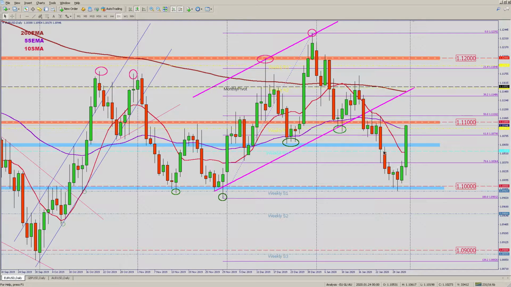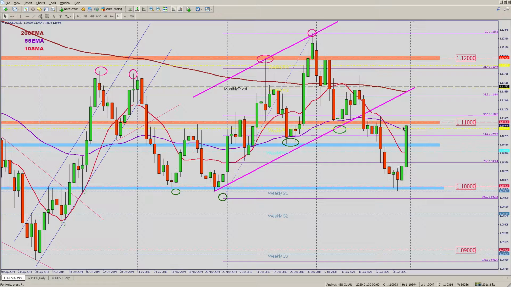So at the start of the week, you can see that the euro has been finding support after dipping lower since the ECB meeting the previous week, and managed to find support at the 110 level, and in fact hit the weekly S1 pivot, before climbing back up to recover, all the way through the weekly R1 pivot level and past the 55 EMA as well, targeting the 111 round figure.